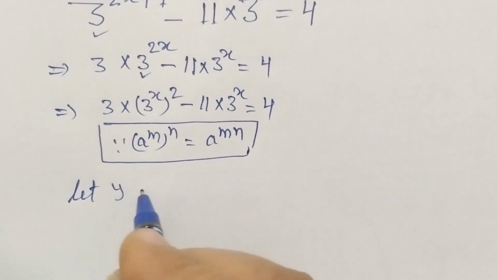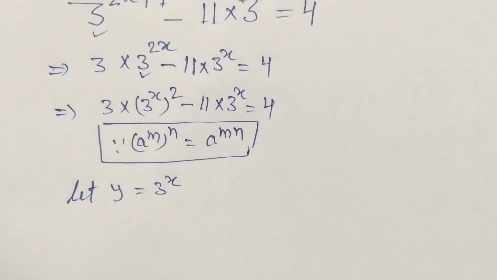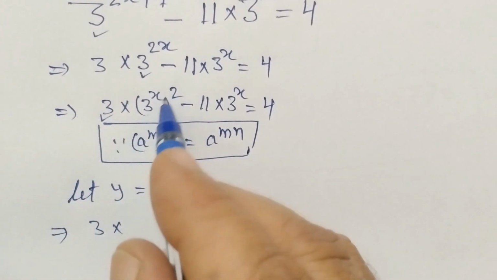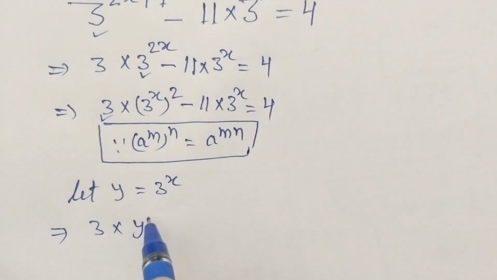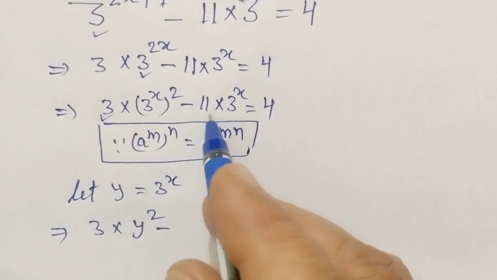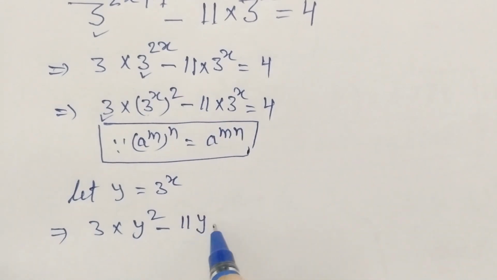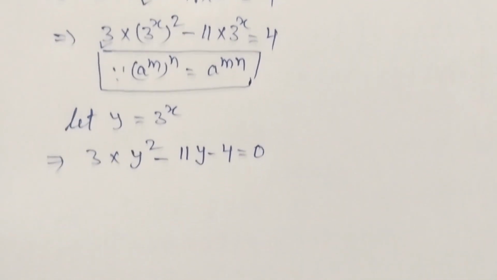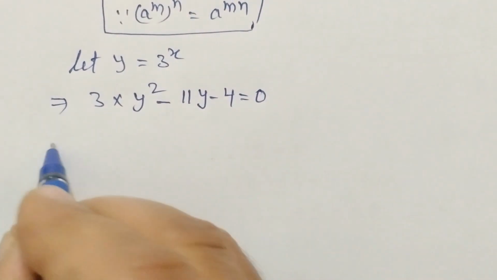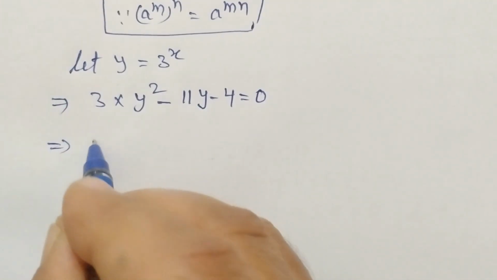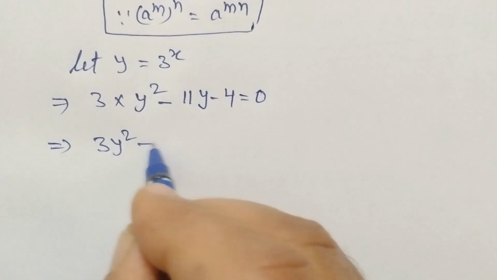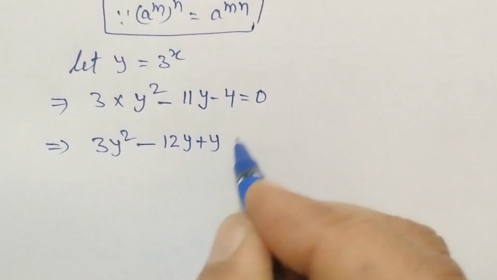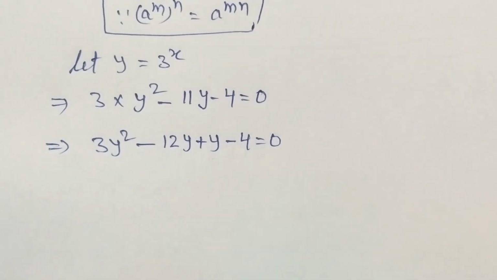Let y is equal to 3 to the power x. So 3 into 3 to the power x square can be written as 3y square minus 11y minus 4 is equal to 0, right? Now 3y square minus 11y can be written as 3y square minus 12y plus y minus 4 is equal to 0.